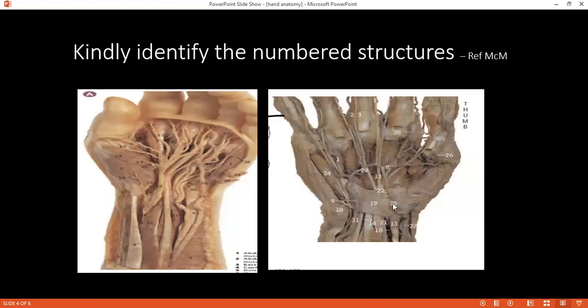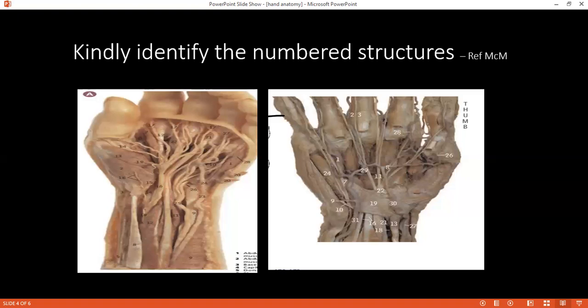There are certain things which are very famously asked in this picture. Number 31, if you can identify, please. 31 is the ulnar artery. Superficial palmar.